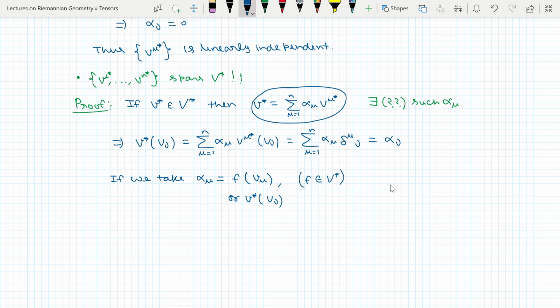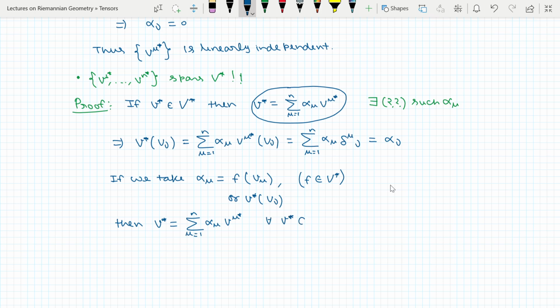There is no problem. So if you take these scalars, then any element V star of the dual space can be written as a linear combination of these V mu star, where mu runs from 1 to n.